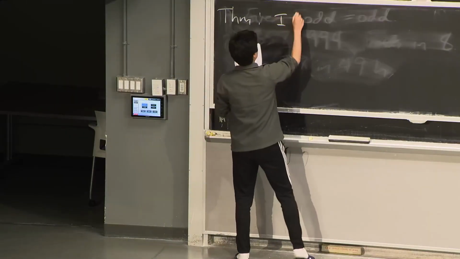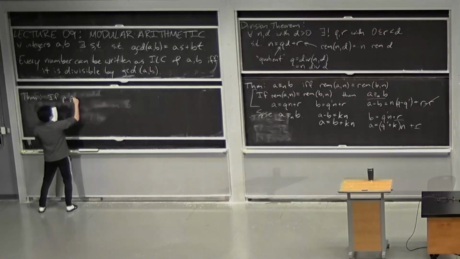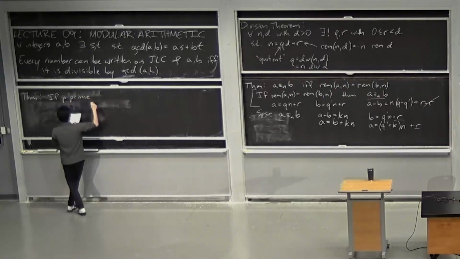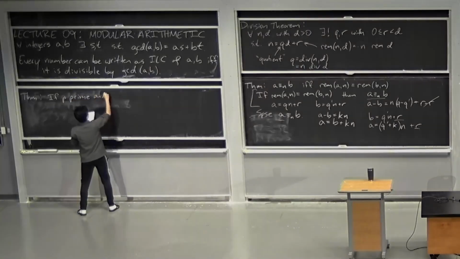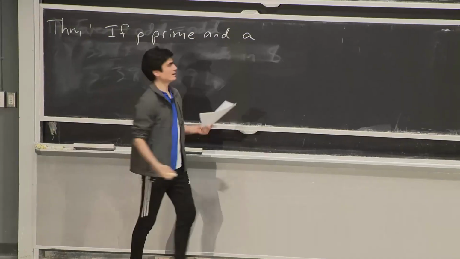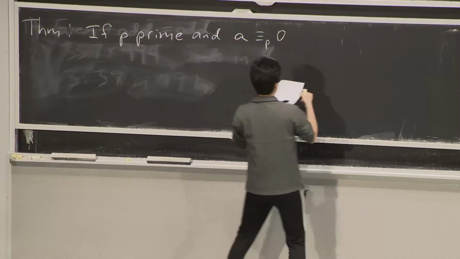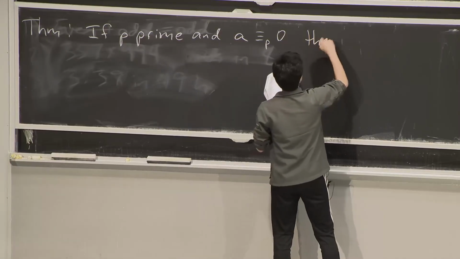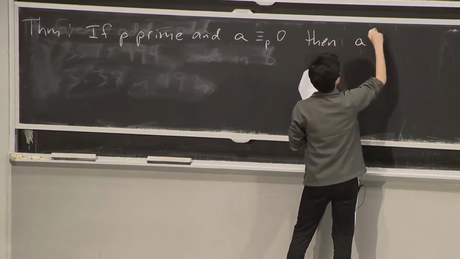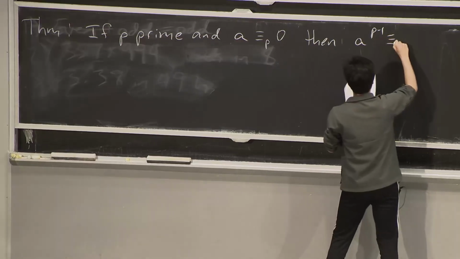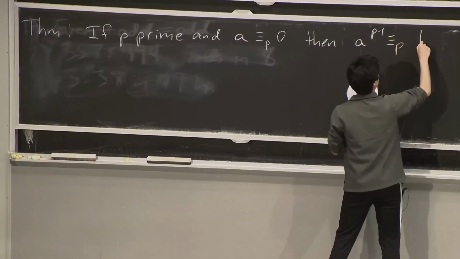So if p is prime, and A is not a multiple of p, so A is not congruent mod p to 0, then A to the p minus 1 is congruent mod p to 1.